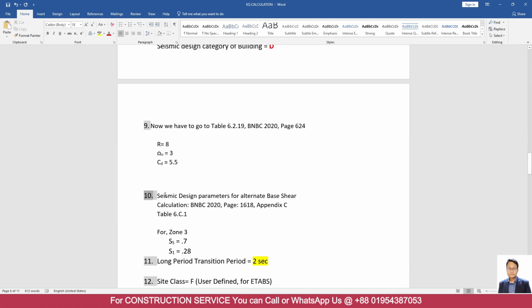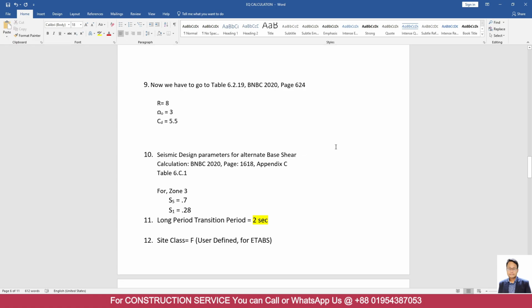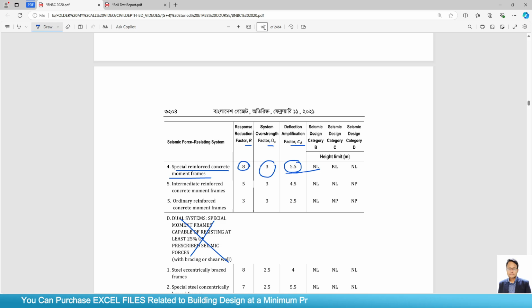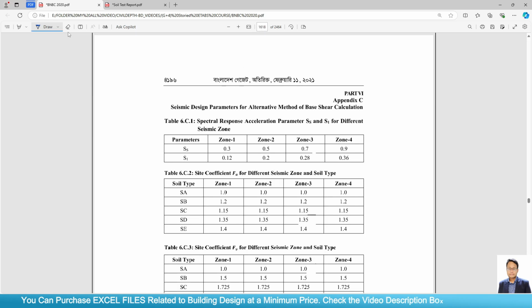Now we will go for step number 10, that means seismic design parameters. We have to find out from BNBC 2020. So we have to go to page number 1618, right here. Here you can see the values of Ss and S1 are indicated below.